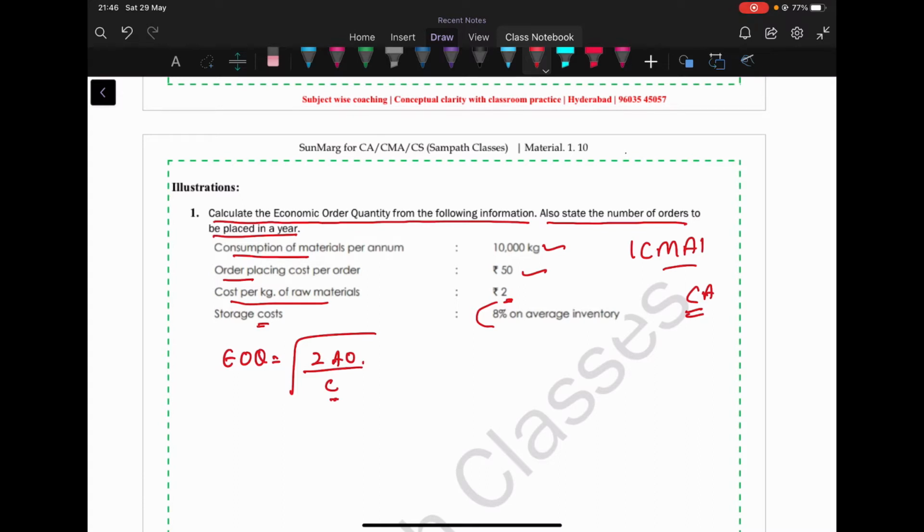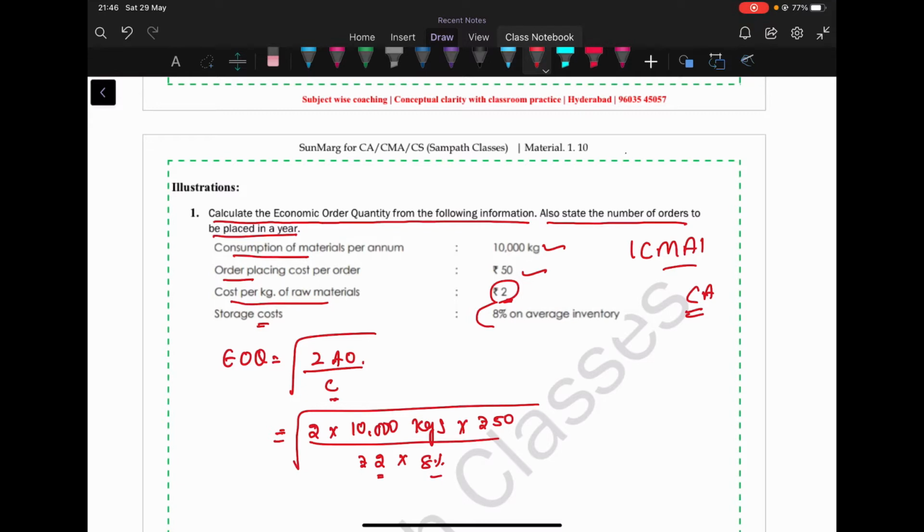So I'll solve. 2A in the sense 10,000 kgs, O, ordering cost rupees 50, divided by carrying cost, that is 2 rupees into 8%. The cost you are paying to purchase the material is 2 rupees. On this you will be incurring 8% as a carrying cost.